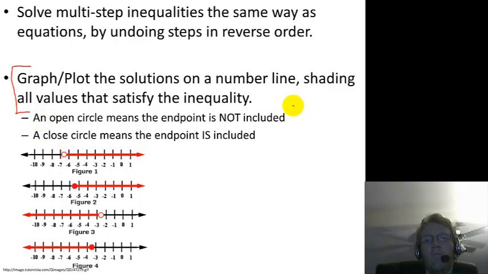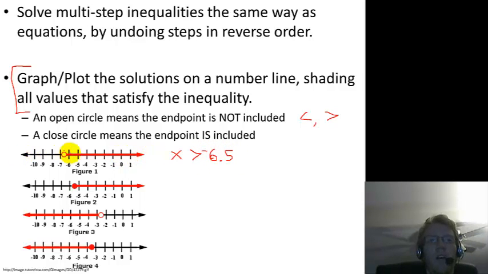If you have a less than symbol or a greater than symbol, then you're going to use an open circle, for example right here or right here, because that means the endpoint is not included. Let's look at this first one right here. This looks about like negative 6.5, and I want things that are larger. So I might say x is greater than negative 6.5.